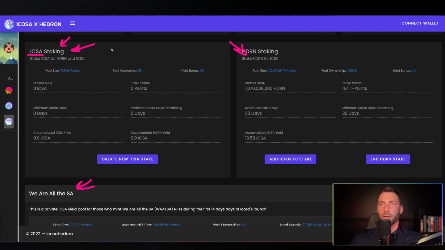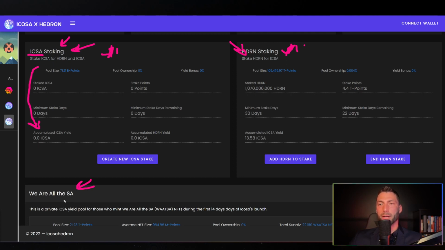Basically, if you went on the market and bought $1 of Icosa and $1 of Hedron, which would be a really small amount of both of those, but if that's what someone did and they staked it in here, they would have more yield from the Icosa staking pool for that $1 than from the Hedron staking pool. And of course, we are all the SA is really hard to get into right now.